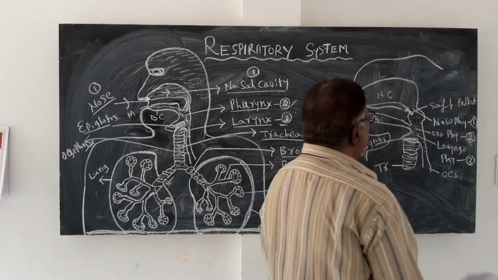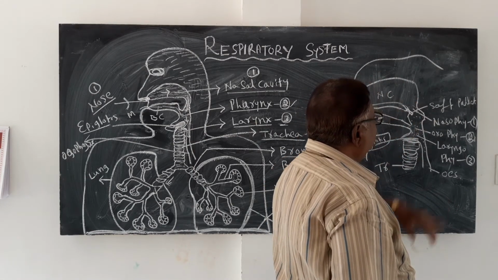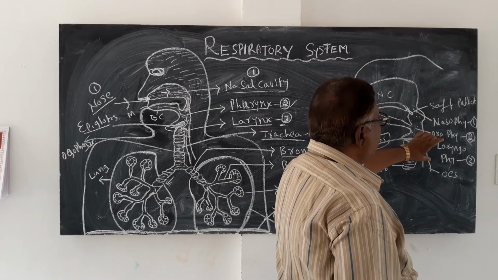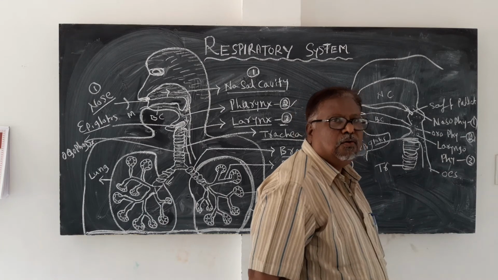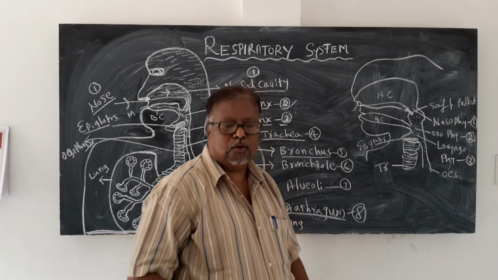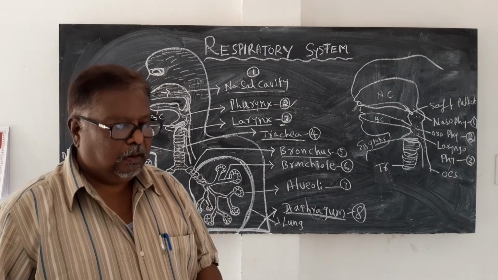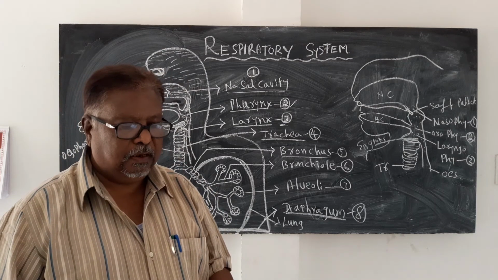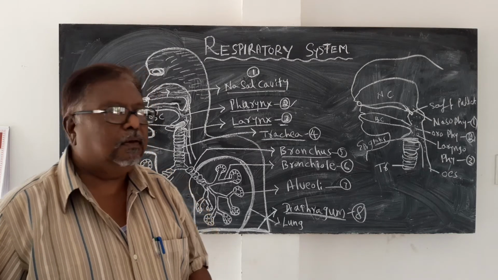Now, this portion is pharynx, which is divided into nasopharynx, oropharynx, and laryngopharynx. So these three parts are there in the pharynx. The pharynx is a ciliated muscular tube.